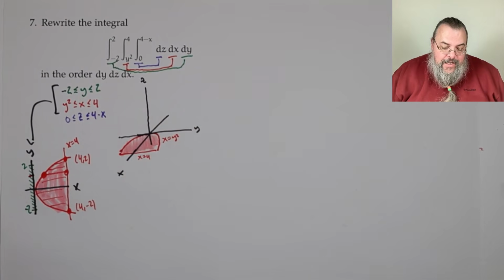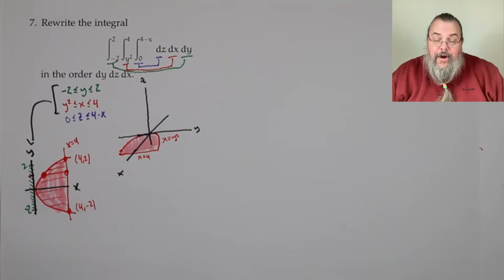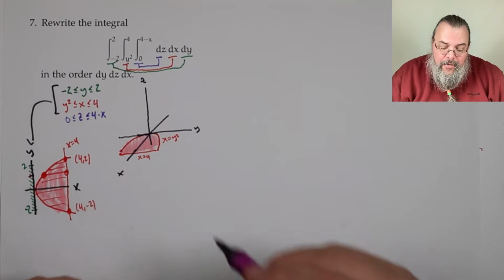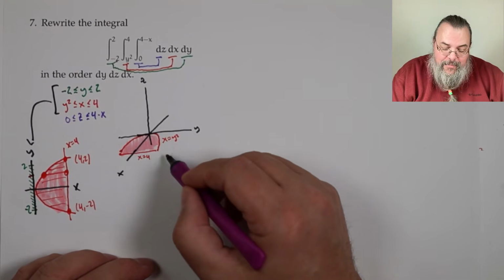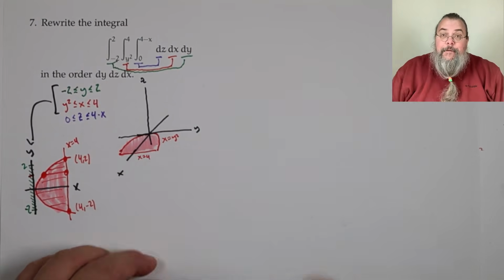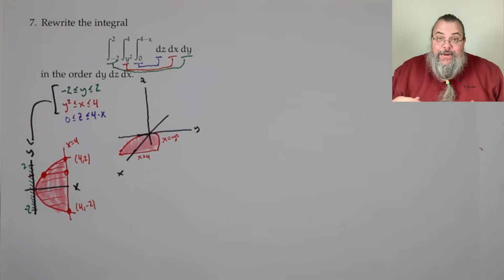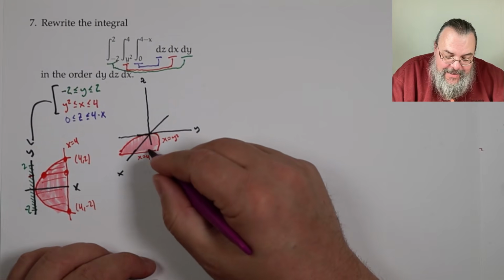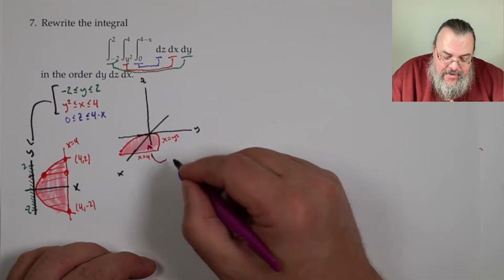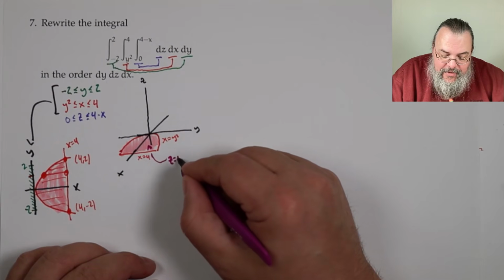Well, we're starting at z equals 0. Now, z equals 0 is also code for the xy plane. And that's perfect. This is sitting in the xy plane. So this is actually the bottom of our shape. We found the bottom. So this is our z equals 0.